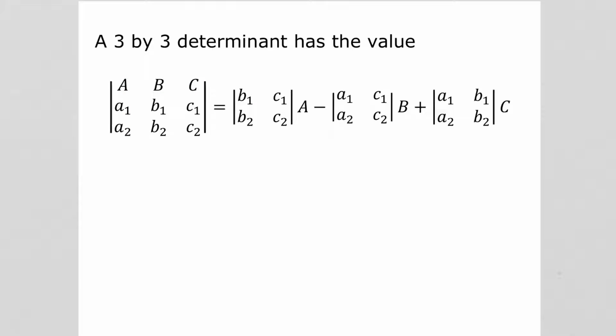Then we've got our minus. Cross out the B column across the top. Then it's B times the determinant made with these four. See how we crossed out that column and you use the other two? And then plus, cross out the C column, the determinant made with this.